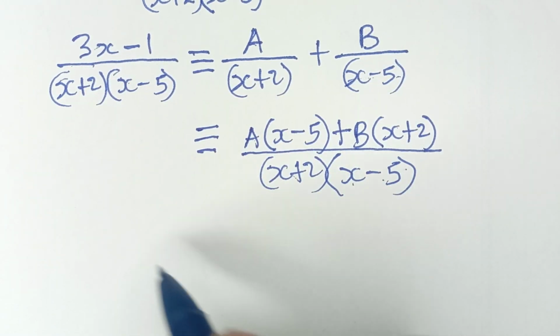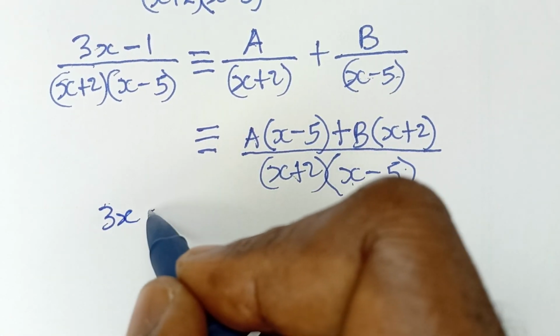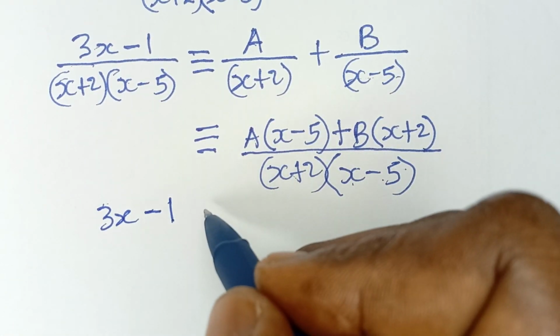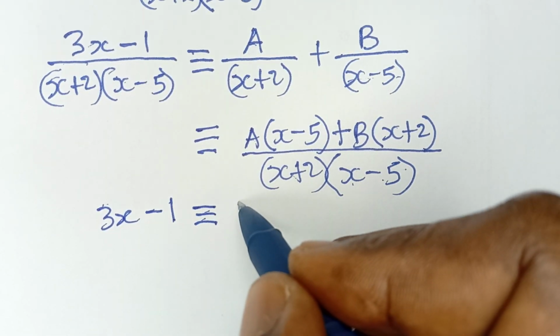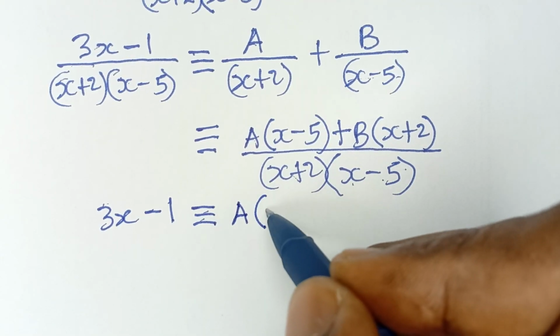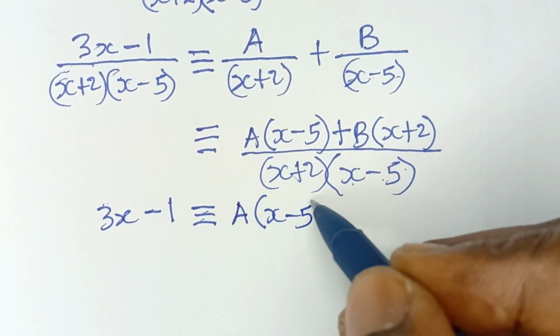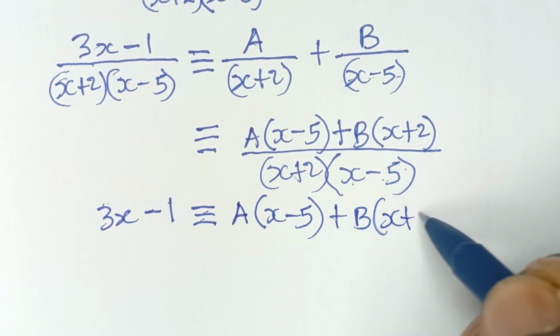So 3x minus 1 is equivalent to a times (x minus 5) plus b times (x plus 2).